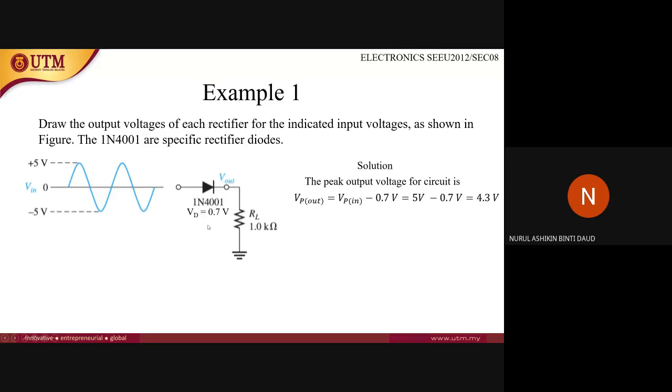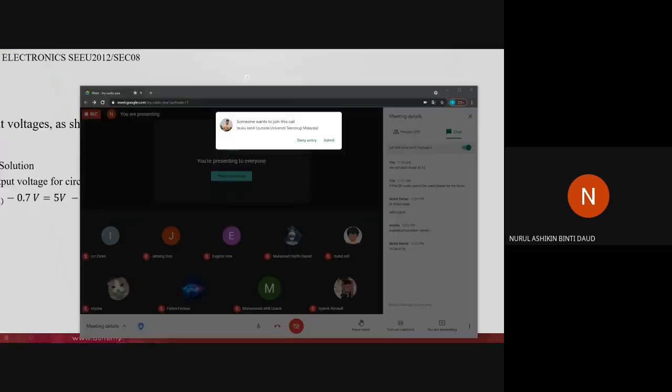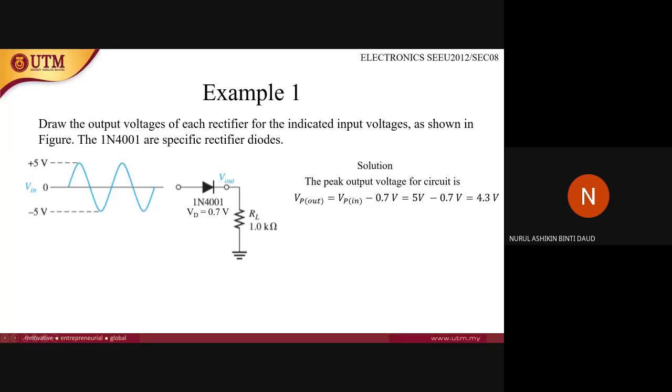You cannot neglect the diode drop, so you cannot neglect it. You have to subtract from the peak input, which is 5 volts. This is the input voltage of the circuit. So the input voltage should be minus the diode drop, which is 0.7. So you will get 4.3 volts.